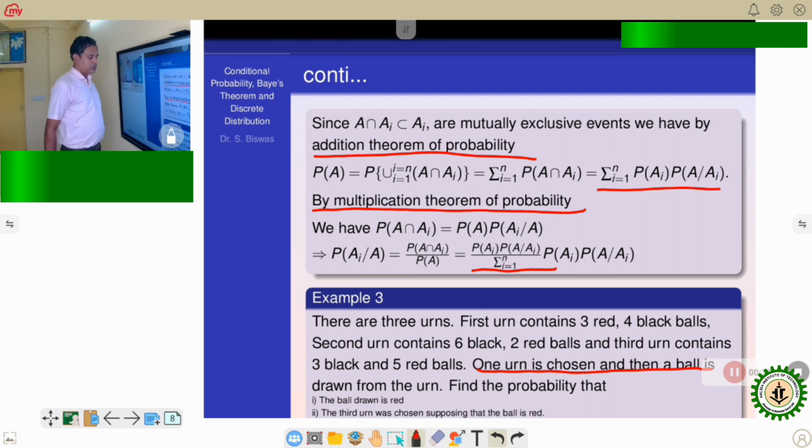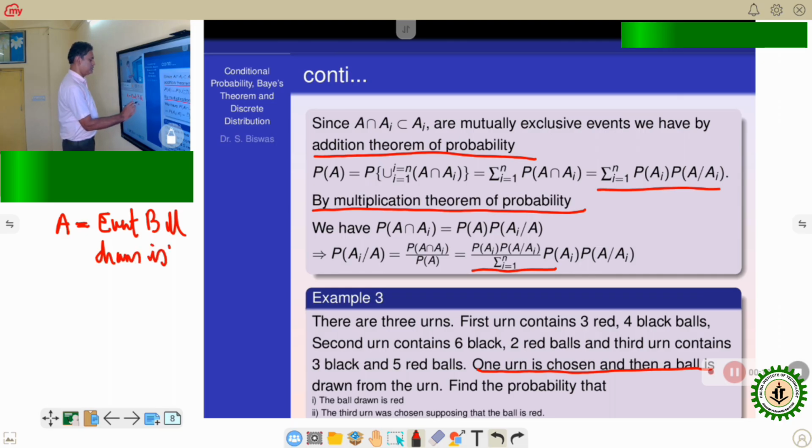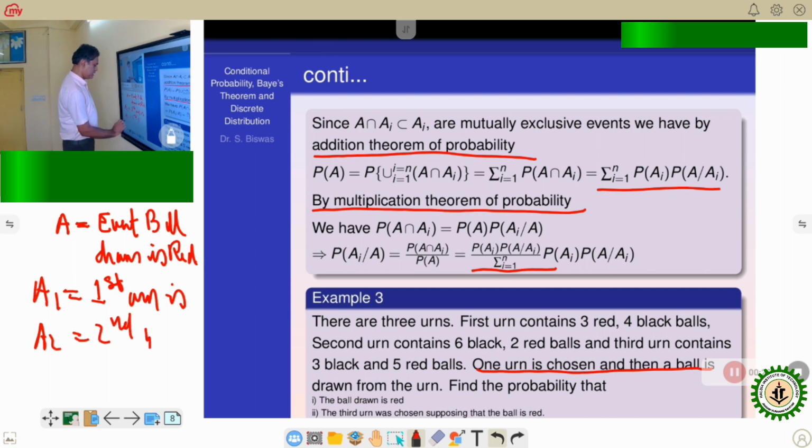Okay. Now, how to do that? You take first A equal to the event: ball drawn is red, and A1 equal to the first urn is chosen, A2 the second one, and similarly A3 is the third one. Now we use this formula, the first part of the Bayes theorem.